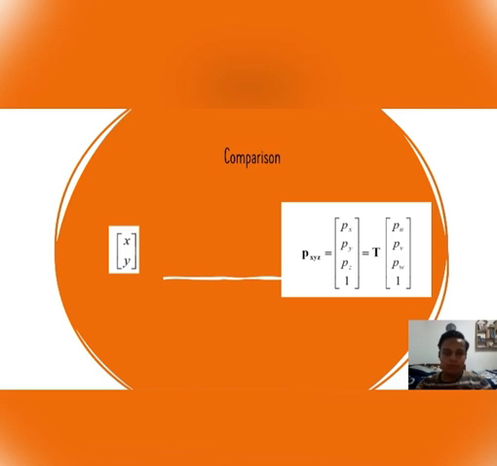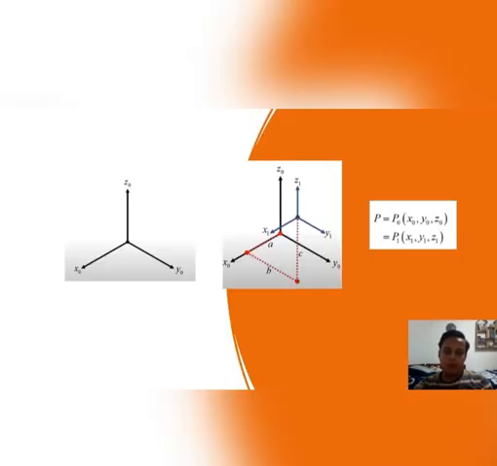We are going to study the translation matrix, and for this we are going to start by analyzing this small diagram. In the first diagram, we are going to suppose that we have a system x0, y0, and z0.